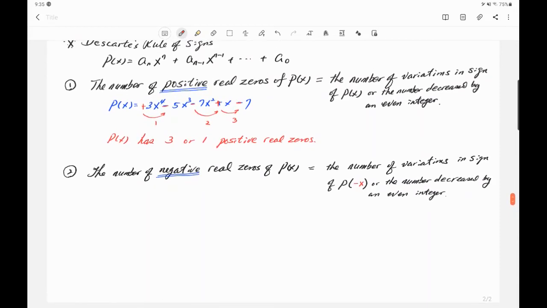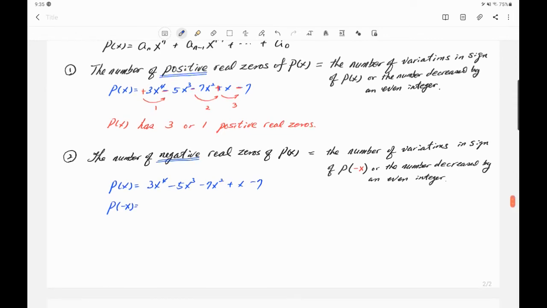To find the negative real zeros, we just plug in negative x. So let's rewrite P of x again: 3x to the 4th power minus 5x cubed minus 7x squared plus x minus 7. In here, we plug in negative x. Negative x to the 4th power, negative x cubed, negative x squared, negative x minus 7.